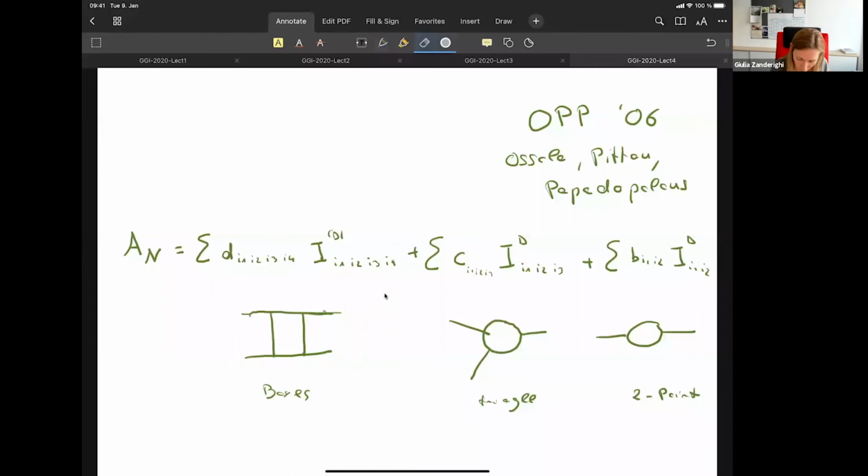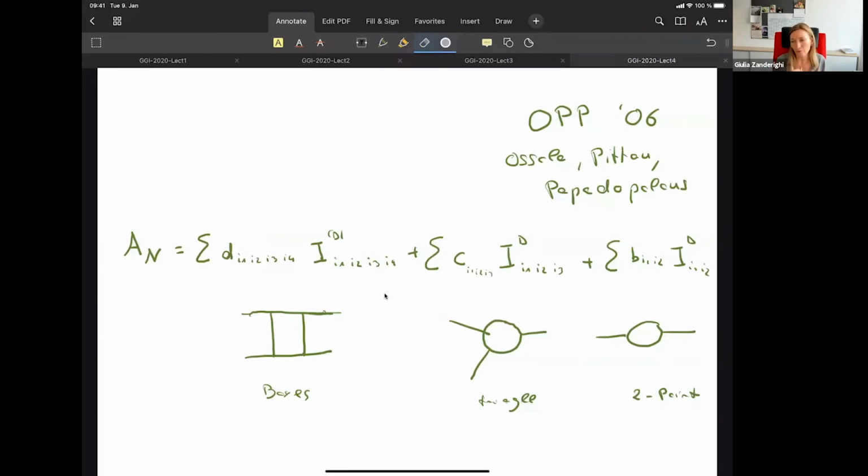Once you know that this decomposition holds, then you don't need to compute loop integrals. So if you know these master integrals, these boxes, triangles, and two-point functions, which we do know at one loop, then you can build a system of equations, and you can extract the coefficients directly by evaluating the amplitude at different points.